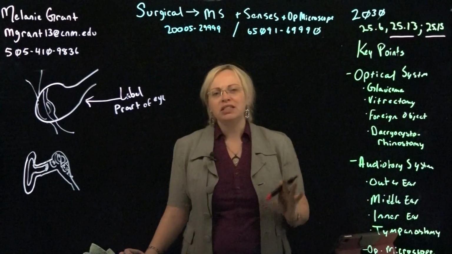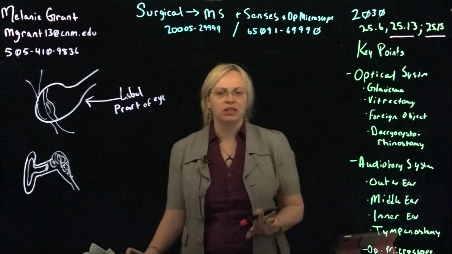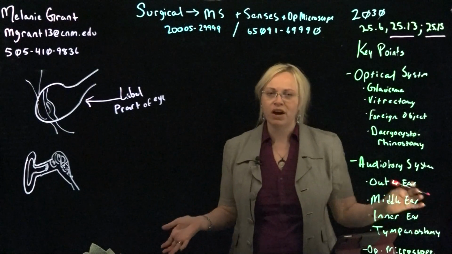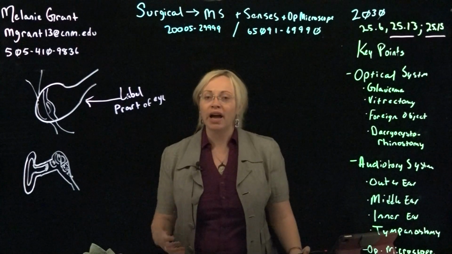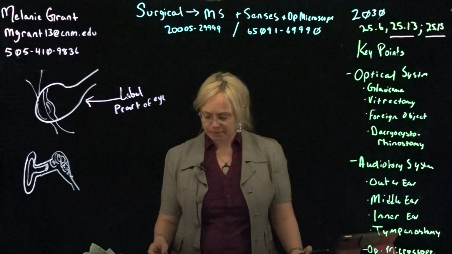Most insurance companies don't like to pay for eye services. So it's very important that you identify what it is that we're doing and why to support the medical need.